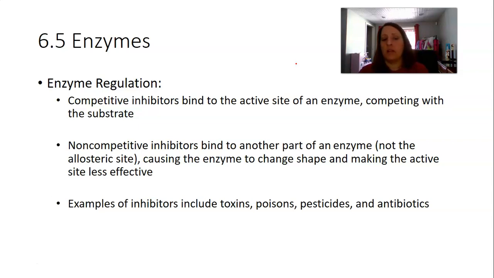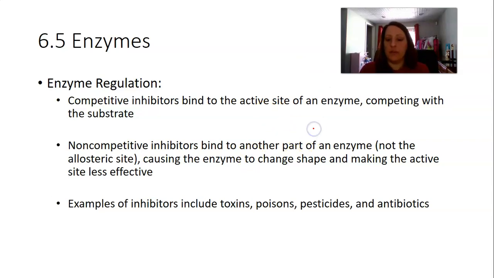But what an antibiotic does is it will inhibit bacterial enzyme activity, either in a competitive or a non-competitive fashion. And if the enzymes of the bacteria don't work, the bacteria can't live. Reactions cannot proceed, and therefore the bacteria will die.